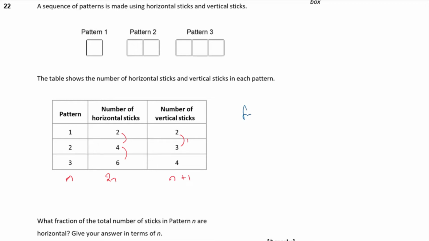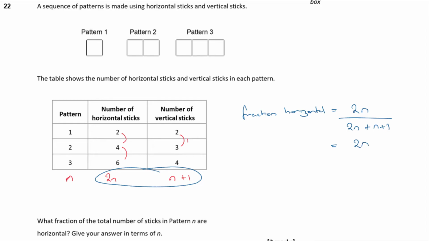So the fraction that is horizontal is going to be the number that is horizontal, which is 2n, divided by everything, which is those together, isn't it? 2n plus n plus 1. 2n plus n plus 1, which if I tidy that up, that's 2n over 3n plus 1. Okay, that's it. That's all I need to do. 2n over 3n plus 1.